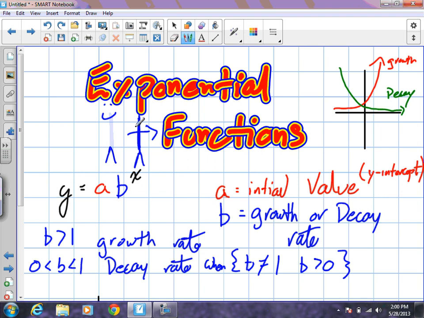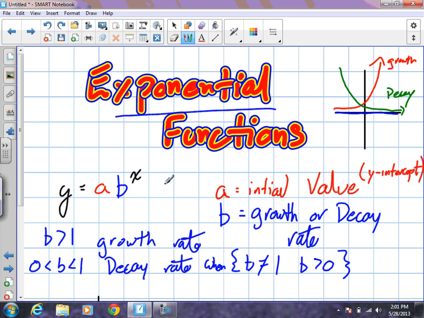And then he decides to walk halfway again. Because he continues to walk a half every time, he never actually reaches the wall. He'll get closer and closer, but he'll never touch it because he always walks half of the way. It's the same idea with an asymptote. We get closer and closer, but we'll never actually touch that line. So keep that in mind for exponential functions.